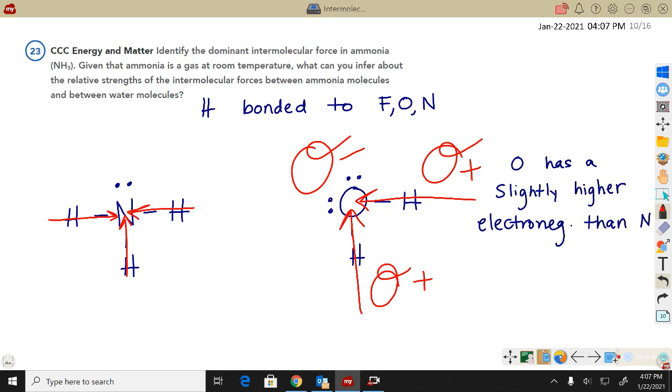It's got a higher electronegativity than hydrogen. And the nitrogen becomes partially negative, and the hydrogens are partially positive. It's just not quite as extreme as when oxygen pulls from hydrogen. With oxygen's higher electronegativity, it's just a little bit more polar, and the hydrogen bonds are just a little bit stronger.